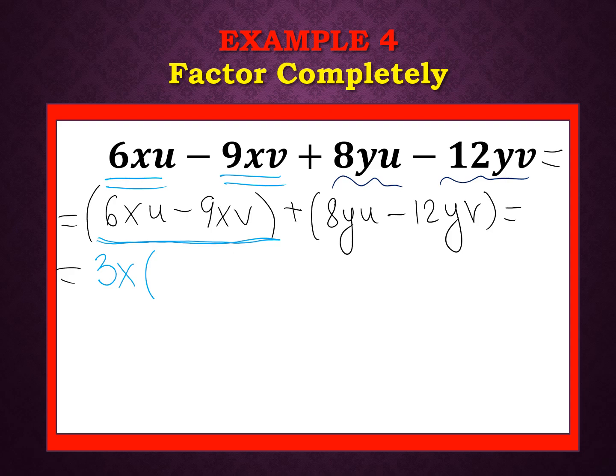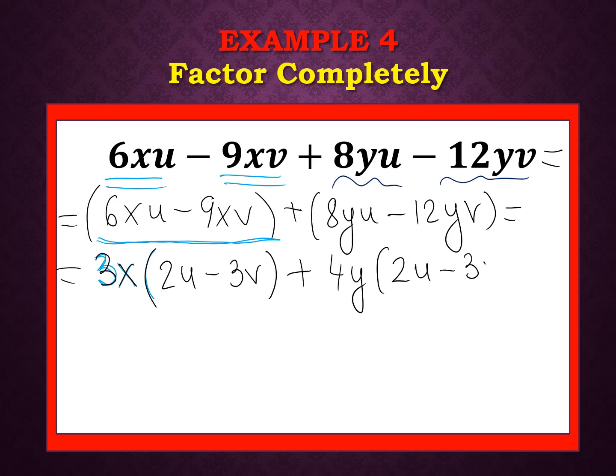So 3x, and we have 2u minus 3v, plus the second parenthesis has common factor 4y. It would be 2u minus 3v.